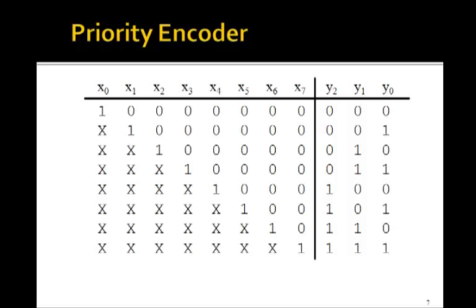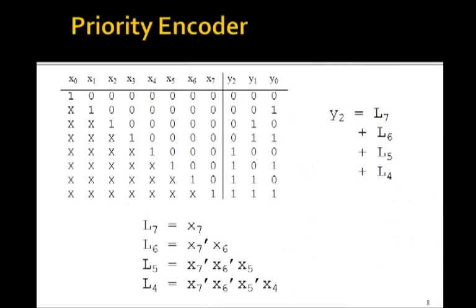So the question is, how can we write the logic equations for this priority encoder? Well, it's similar to what we had before, except that y2 we say is equal to L7 or L6 or L5 or L4. That is, it's these possibilities. But in this case, L7 is just x7. But now L6 is 1 if x6 is 1 and if x7 is 0.